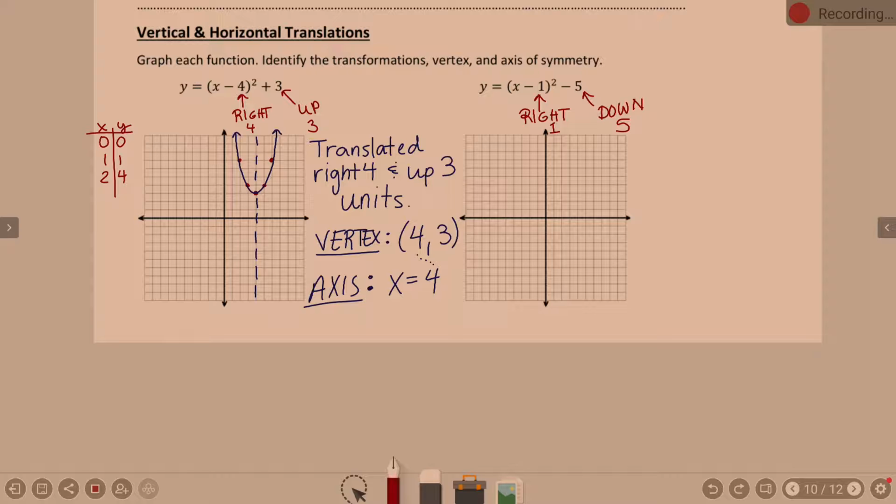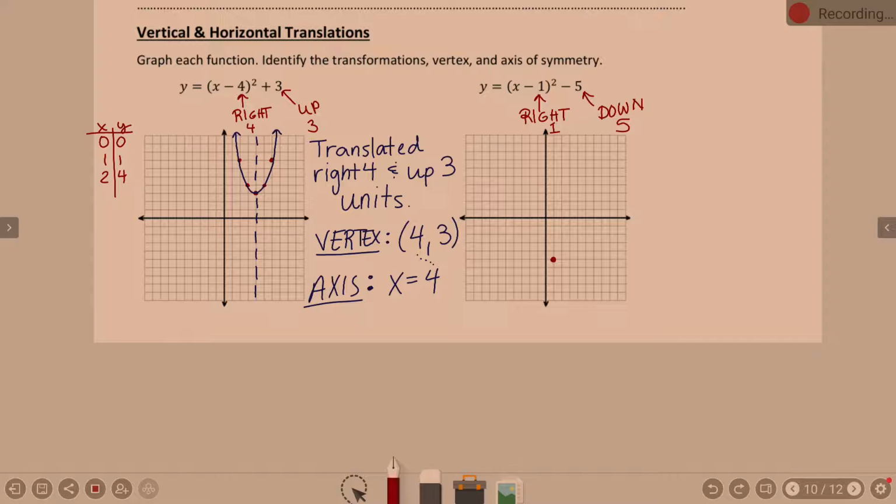You know, I realized as I said it, I called this a parabola. How do I know this is going to be a parabola? The little squared there, yes? If you have an x squared as your highest power, that's what's telling me it's going to be a parabola. Okay, so right 1, down 5. Can I just draw any old random U?